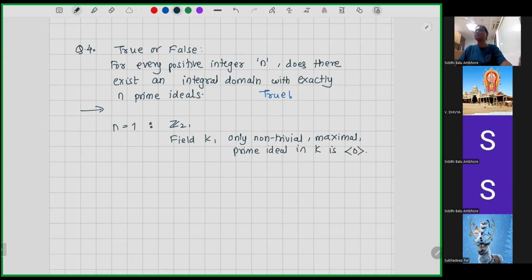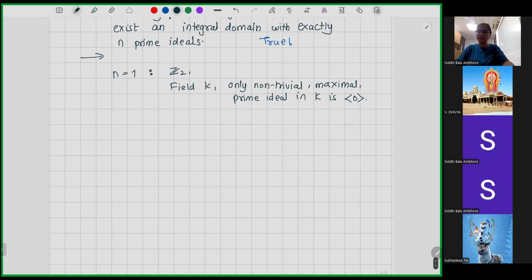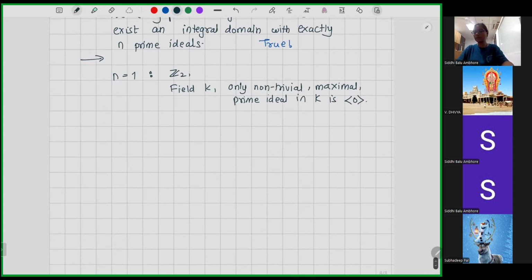That's it. So it has exactly one prime ideal for any field. It contains exactly one prime ideal, and that is our maximal ideal, and that is the 0 ideal. So the n is equal to 1 case is true.